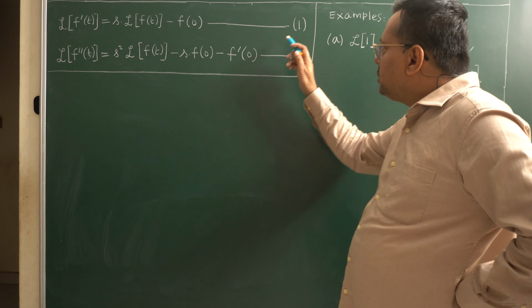And now we can solve this equation. So 0 equals s times Laplace transform of 1 minus 1, and this clearly tells you that Laplace transform of 1 will be equal to 1 by s. As you can see, you can take this 1 to that side and rearrange, and you will get 1 divided by s.